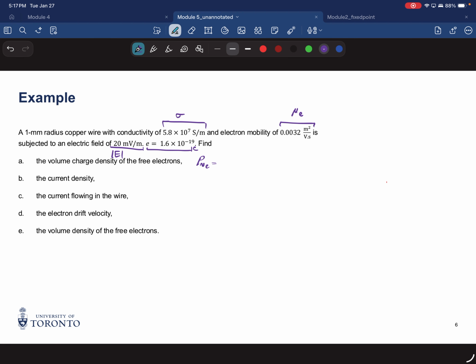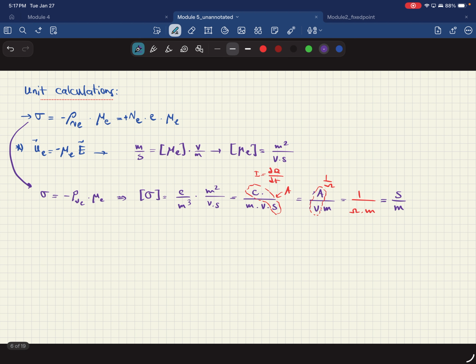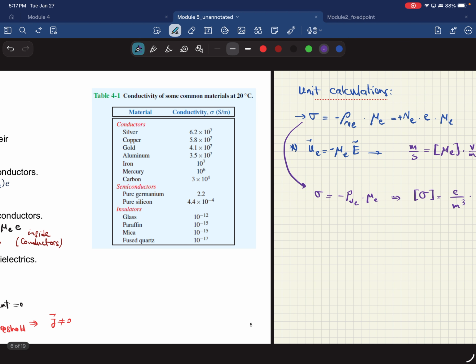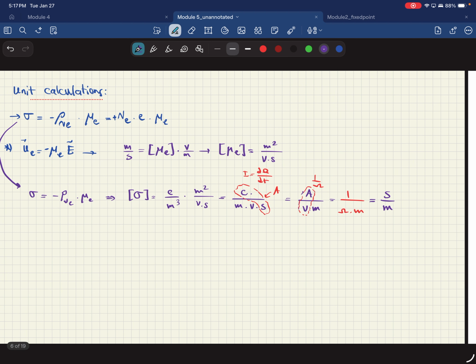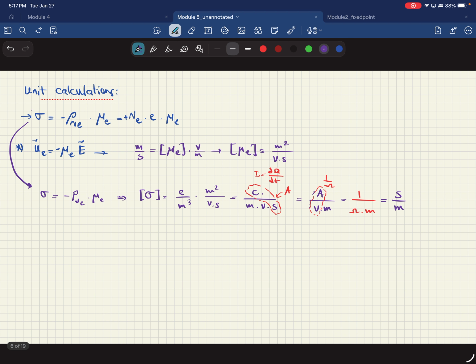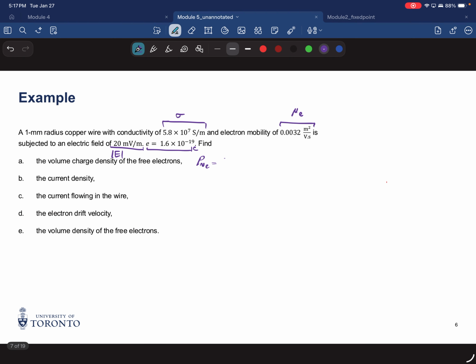Rho VE, if you remember from here, we can use this formula, that sigma is minus rho VE mu E. So we can say rho VE is minus sigma over mu E. So this is going to be, or plus, no, actually minus.